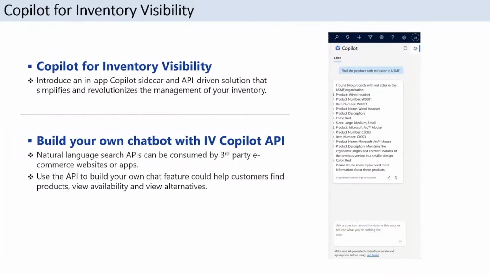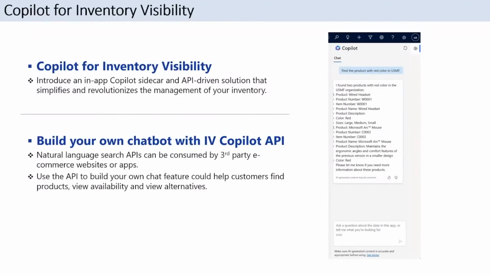Furthermore, we're not providing only one approach to the Copilot in inventory visibility. We also provide an API-driven solution, which means you can leverage the Copilot APIs we provide to build your own chatbot. You can enhance your third-party e-commerce website or application by directly leveraging the Copilot APIs. Your B2C and B2B customers can use natural language to do inventory queries.